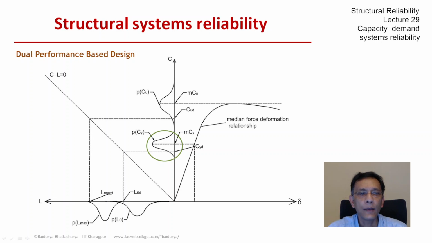If we have two levels of capacities for the same structure, it's quite reasonable to consider those as acceptable limits under different intensities of loads.